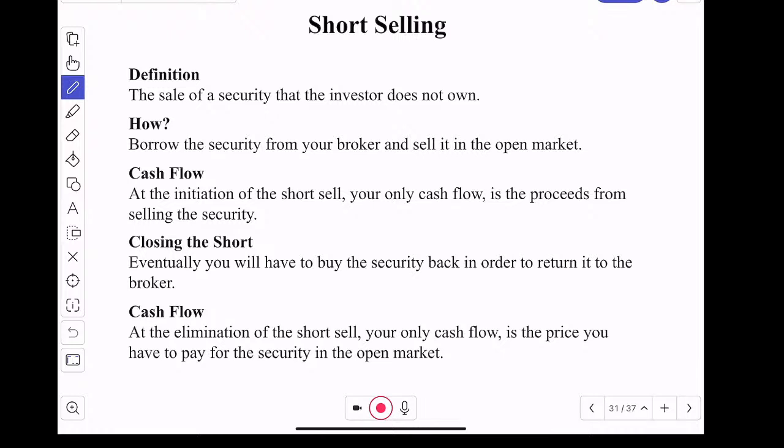What is short selling? So this is going to help us introduce risk-free borrowing and lending, combining that with our risky assets.